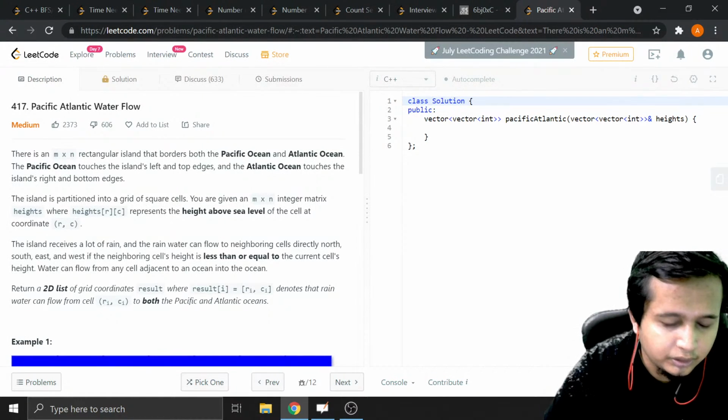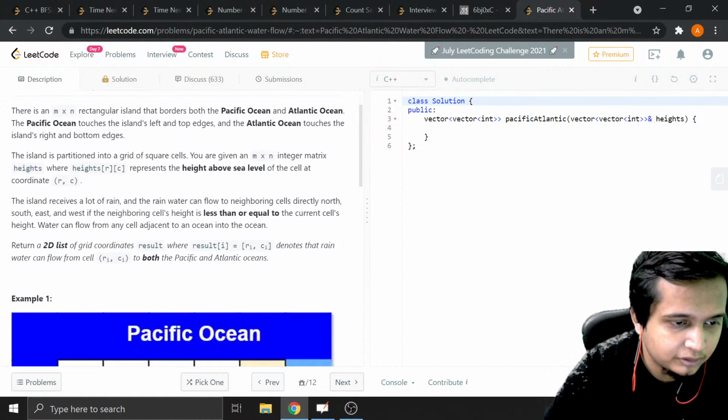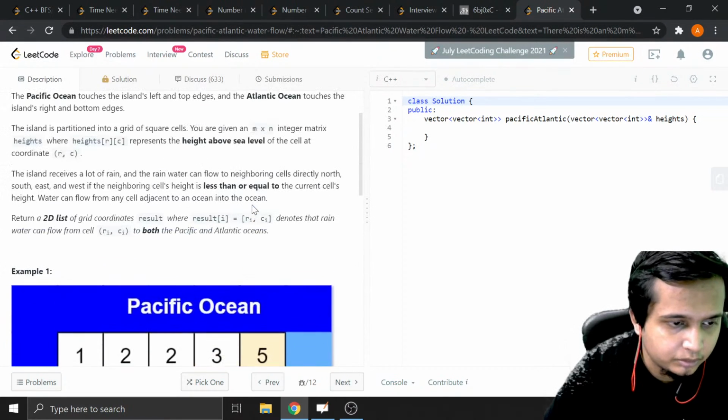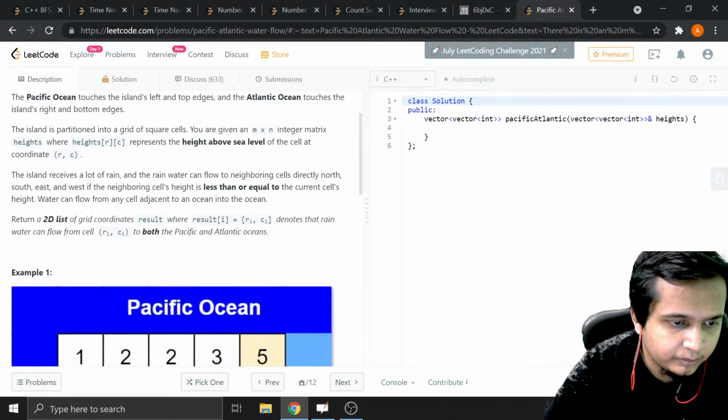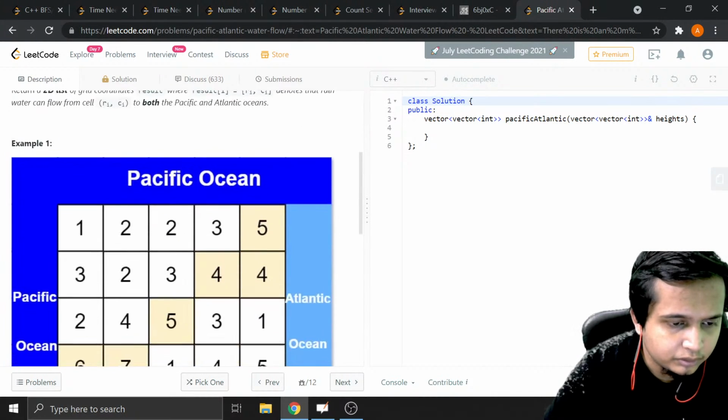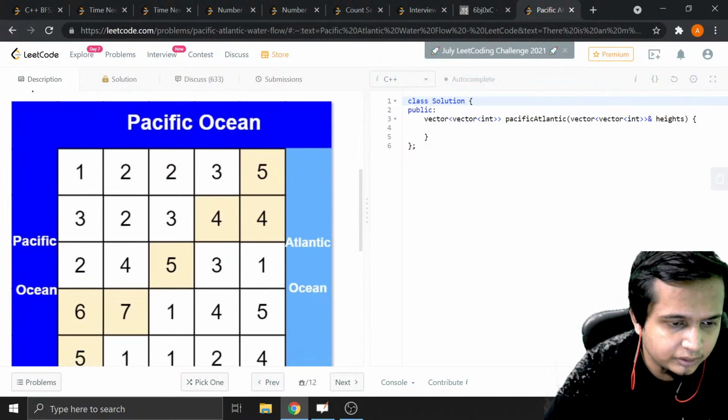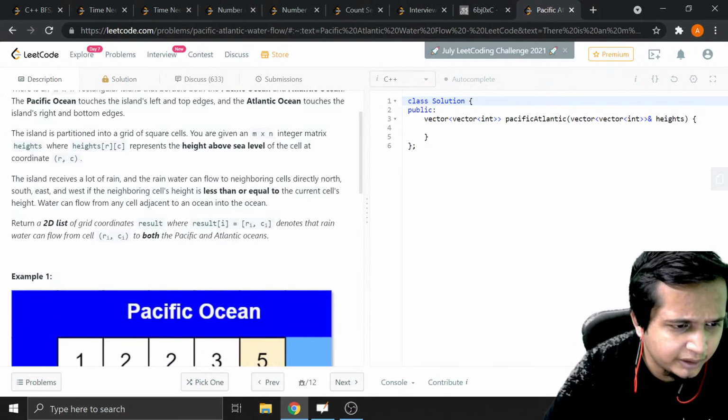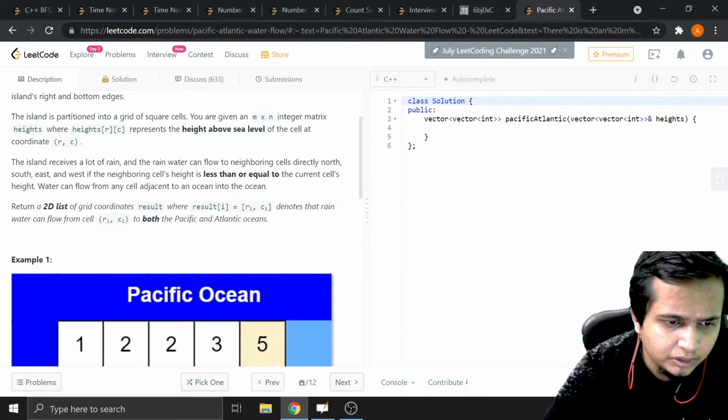The Atlantic Ocean, that is why it's right and bottom. The island is partitioned into a grid of square cells. You are given an m by n matrix of heights. Okay, so I think this is just a matrix where heights[i][j] depends on the indices. Okay.